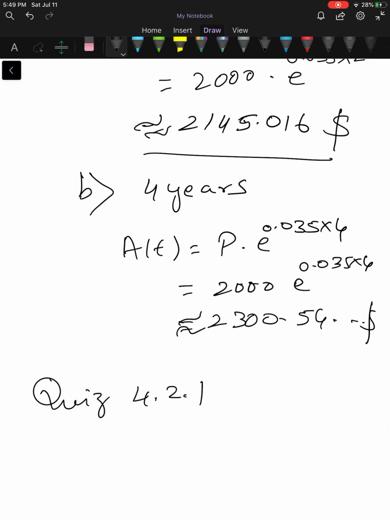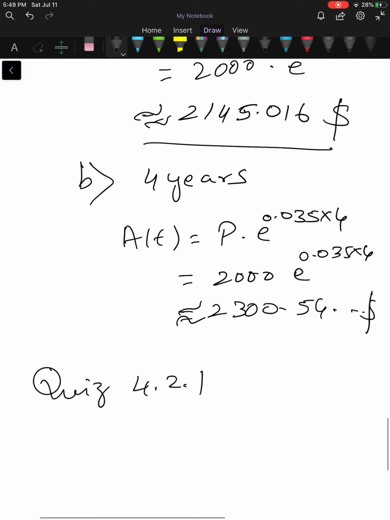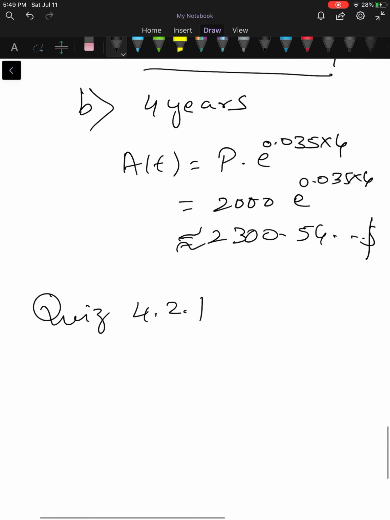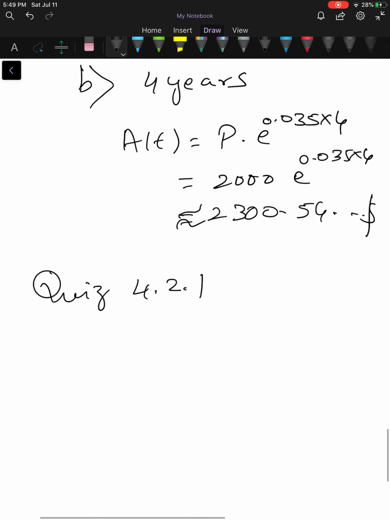Time for your quiz 4.2.1. This time I will assign the problems in ascending order.